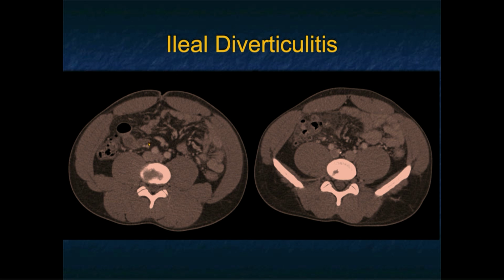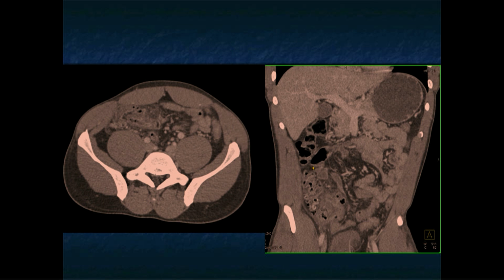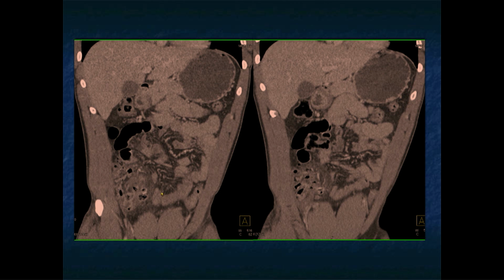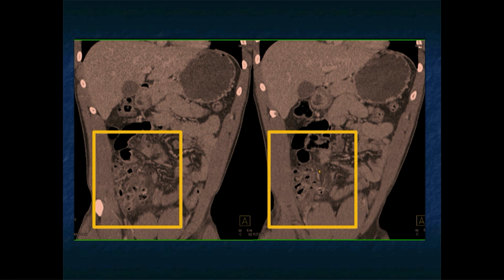Here's another example here, inflammatory changes in the right lower quadrant, those multiple tiny air bubbles, which at first glance you say, well, the patient must have a perforation, but these are diverticuli in the small bowel, in this case the ileum, and you see the extensive inflammation present here and here as well.